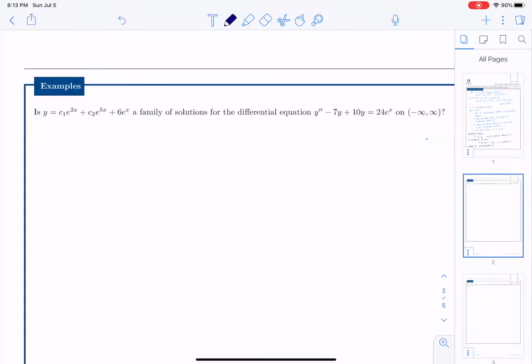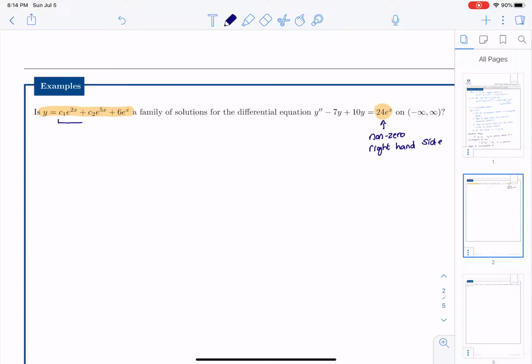Now, here we have a family of solutions for the differential equation, and if you observe, the right-hand side here is not 0, which would imply that the equation is non-homogeneous. We have a solution given in the problem, and that solution has two parts.